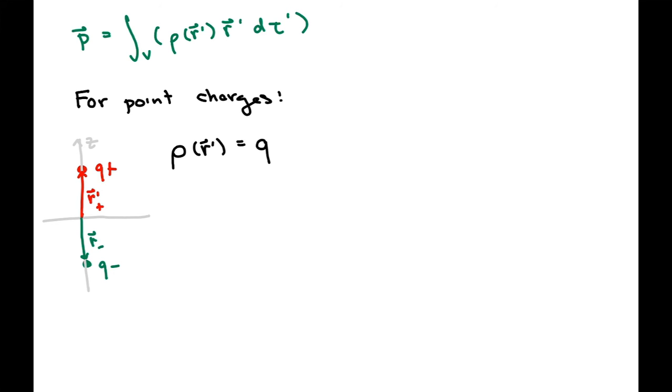The charge density would be equal to, in this case, we're in 3 dimensions, so the 3-dimensional Dirac delta function, and I would take r prime minus the position vector of that particular charge. This would only not be 0 at this particular position here. And the other one would look similar, but I would be using the other position vector.